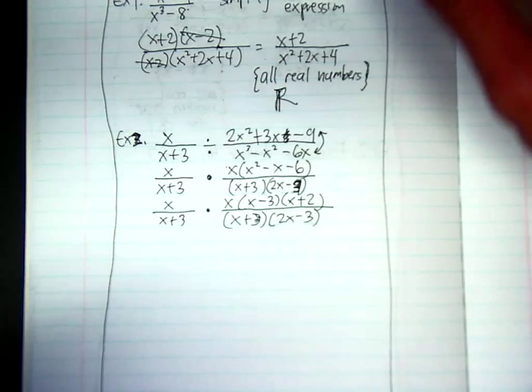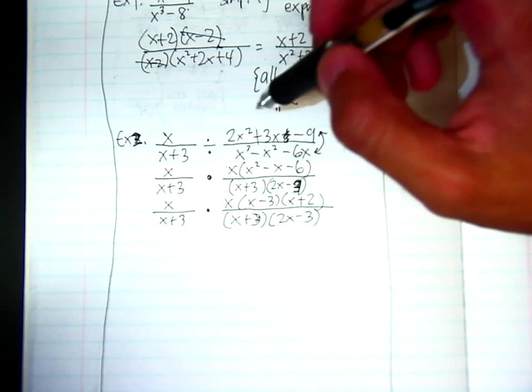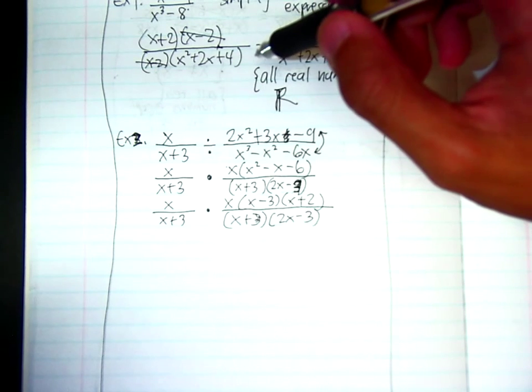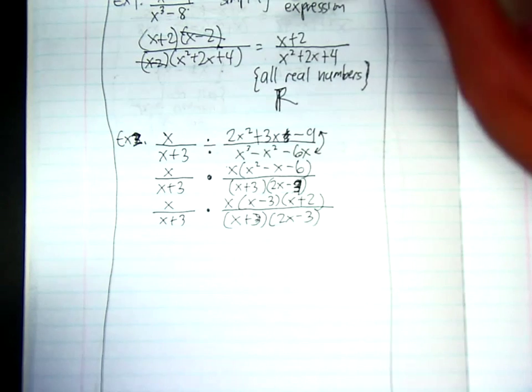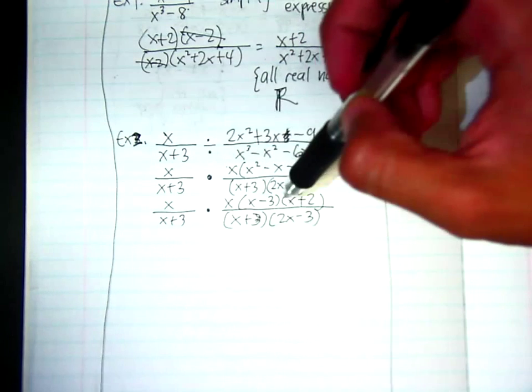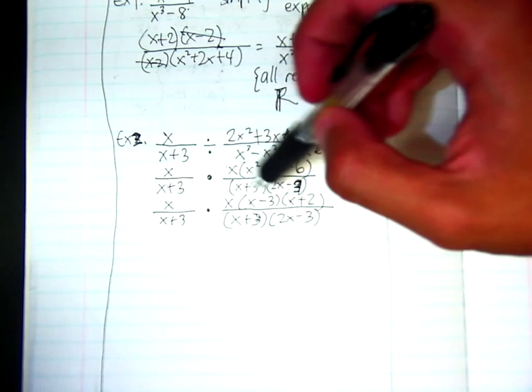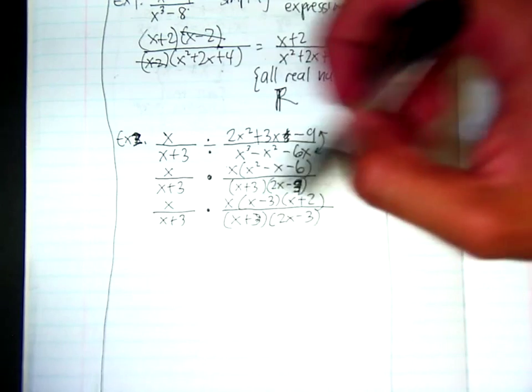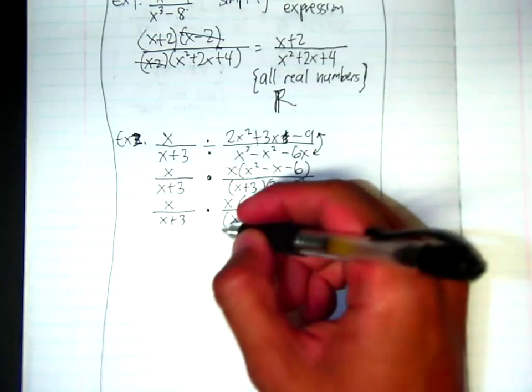Okay, so if I look here, what can I cross out? And actually, I purposely did this problem. We couldn't cross anything out. If we had something we could cross out, we just cross it out. But since we can't really cross anything out, I'm going to write it all under one big fraction.